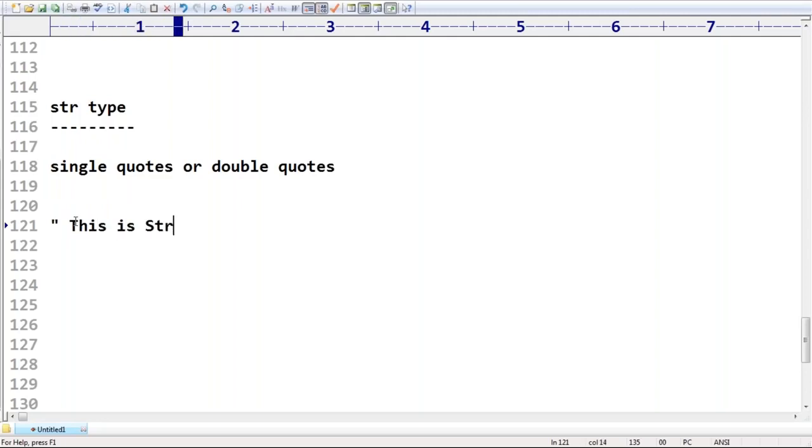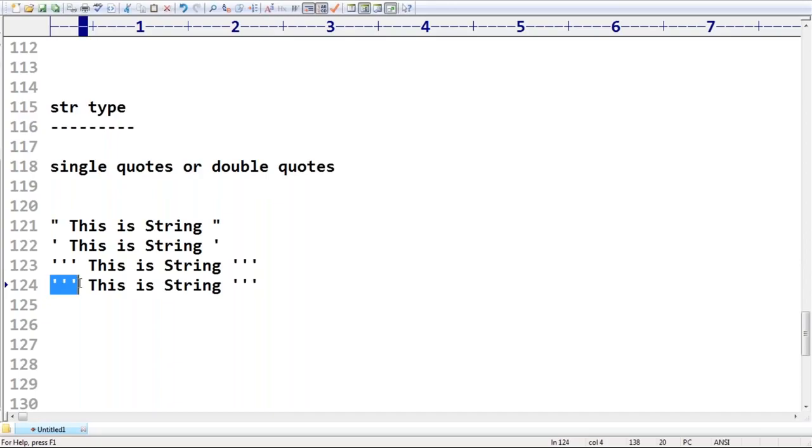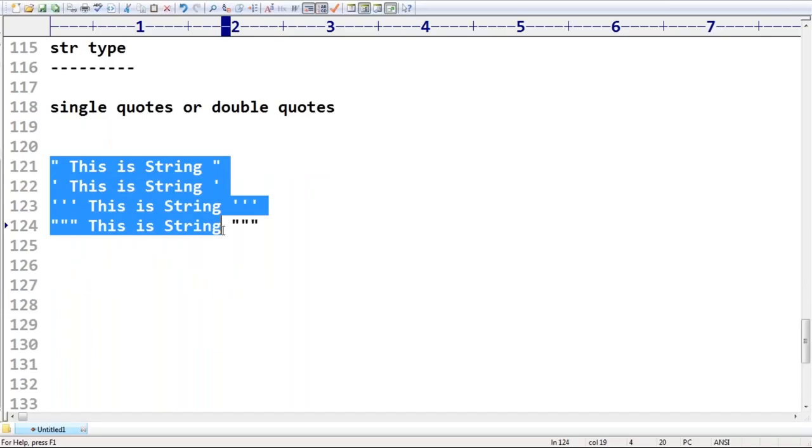This is a string because I'm taking it within double quotes. I can take it within single quotes also, or within triple single quotes, or triple double quotes. All these are various ways to specify a string literal.